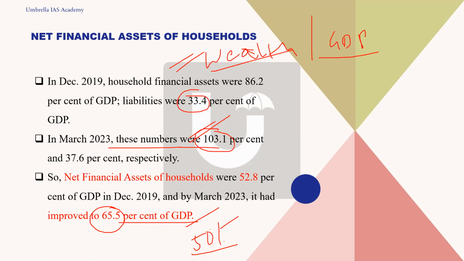What will happen in wealth? The time frame is not just 1 year, right? Whatever wealth is there, with that wealth, how much you are generating, they want to calculate rather than just GDP.